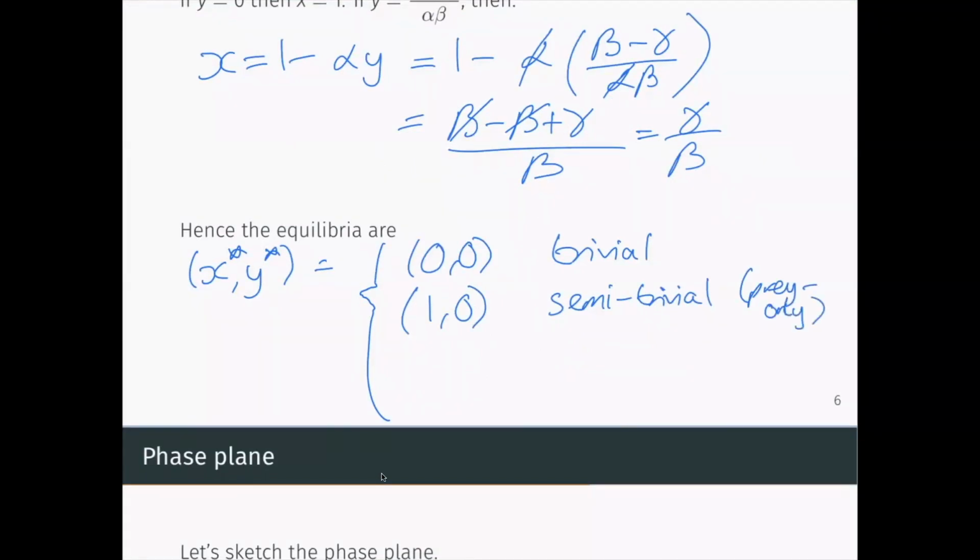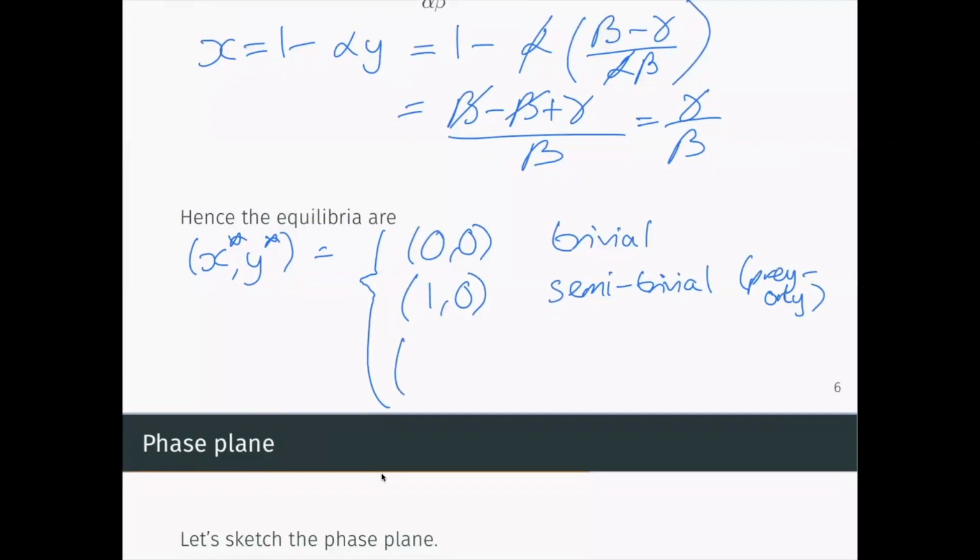We just have our prey. And then lastly, we had x is gamma over beta and y is (beta minus gamma) over alpha beta. This is our coexistence or non-trivial equilibrium. And this is only valid if beta is greater than gamma, otherwise it's biologically unrealistic.